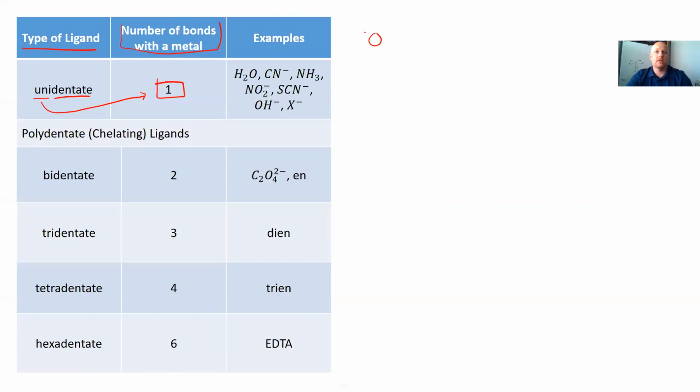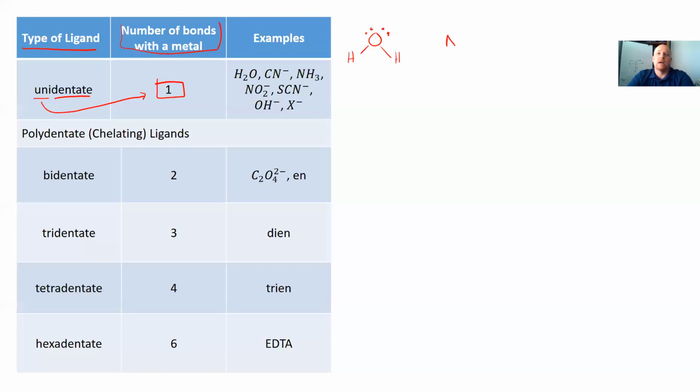So if you have water, we'll draw in our lone pairs of electrons. You have these lone pairs of electrons. A lone pair can form a bond with a given transition metal, right? And so you can donate a lone pair through one of those two lone pairs of the water molecule.